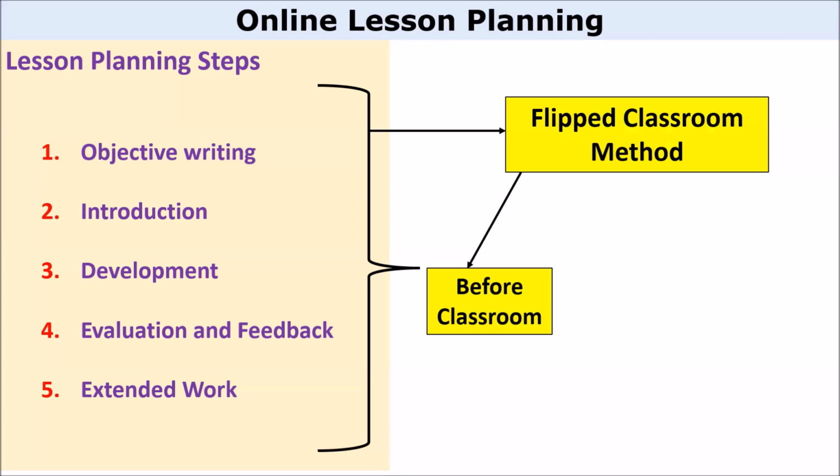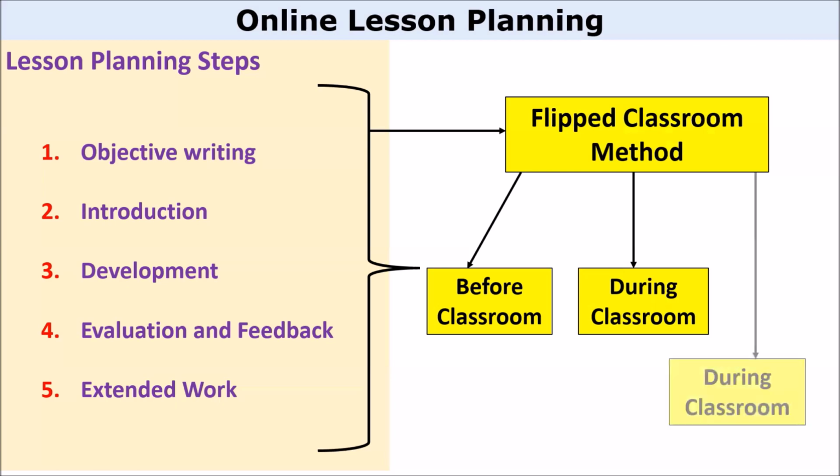Then you want to think about what are the things you are going to do during the classroom. Mainly, we should concentrate on the activities. What type of activities should we plan during the classroom? Then after that should be after classroom.